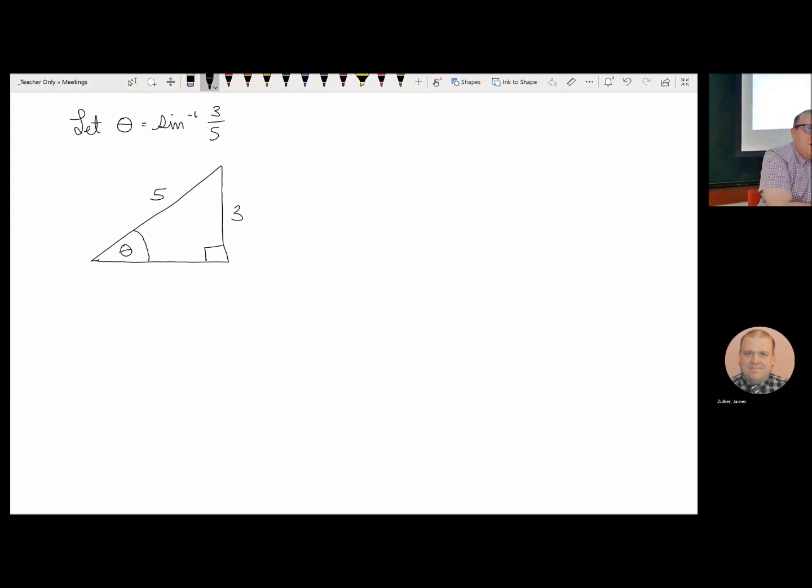This is one of the most common right triangles. Three, four, five. How is cosine defined?